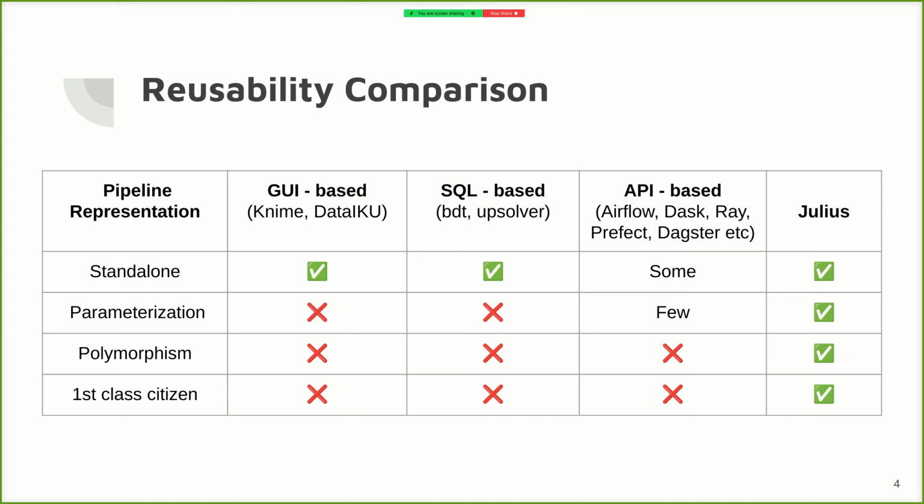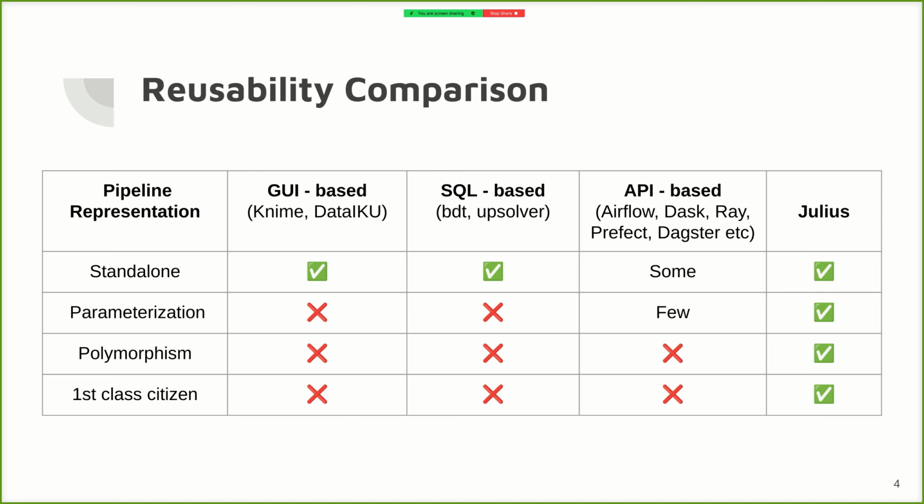Yeah, it means your pipeline should have a representation. If you think in terms of JSON, if some tools use JSON to represent a pipeline, that is clearly not a sufficient representation to support polymorphic parameterization, because JSON cannot take parameters and JSON doesn't understand types.